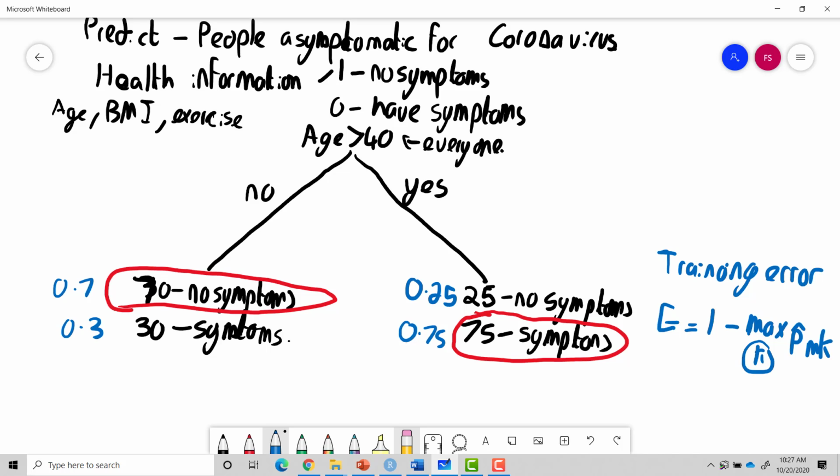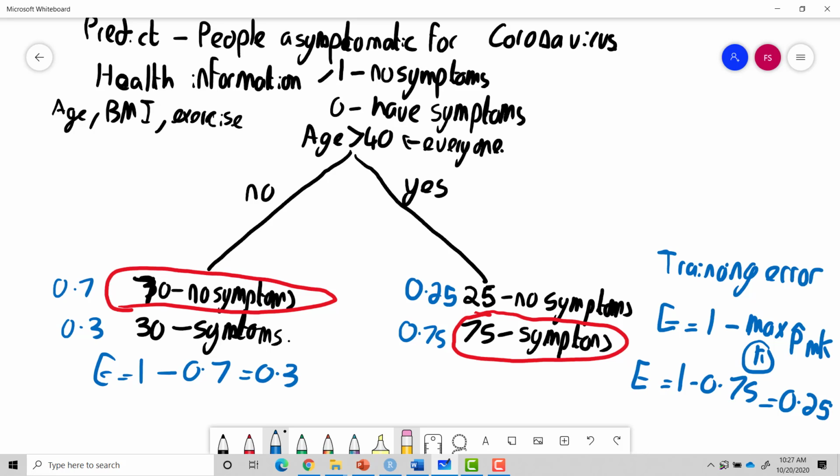For all the ones coming down this branch, my error is going to be 1 minus 0.75, the maximum, equals 0.25. And if we look on this side, my error is 1 minus 0.7, which is the maximum, equals 0.3.